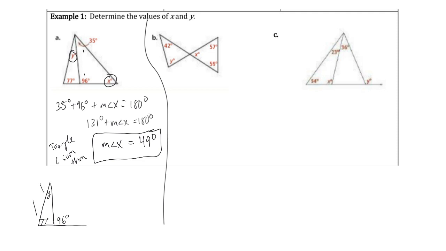These two angles right here, y and 77, are our remote angles, and they equal the exterior angle. So we can do measure of angle y plus 77 degrees equals 96 degrees. And that's our triangle exterior angle theorem.